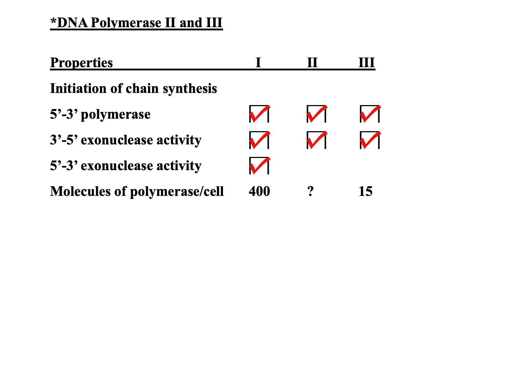In the next line of the table, you can see there's a check mark next to all 3 of them for 5' to 3' polymerase activity. All 3 of these enzymes do, in fact, synthesize DNA in the 5' to 3' direction. In the next row, you can see 3' to 5' exonuclease activity, and all 3 are checked. An exonuclease is an enzyme that can degrade DNA, specifically off of the end of the molecule.